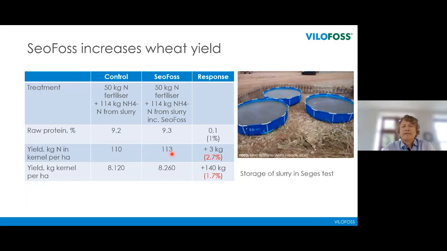We can see that in the slurry where Seofoss was supplemented, we were able to find 3 kilograms more, which is around 3% higher yield. They also measured the yield in kilograms per hectare, and on average over these 3 years they found an extra yield of 140 kilograms of wheat, which is around 1.7%.